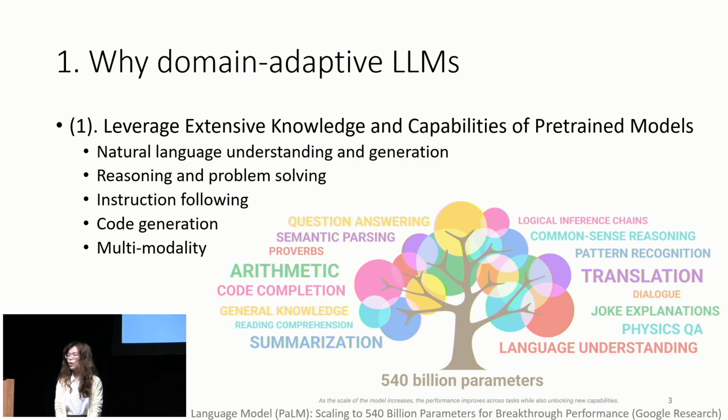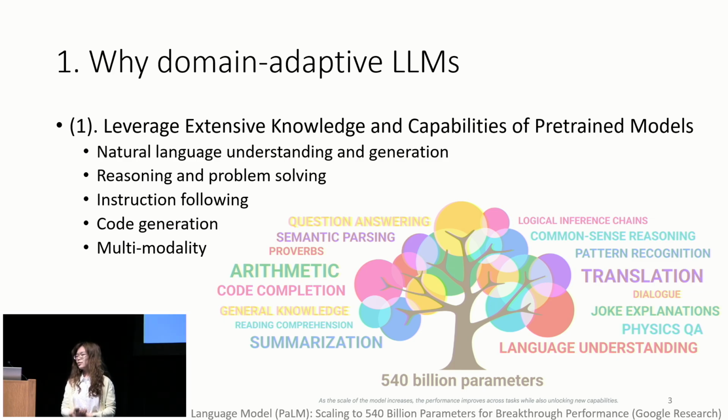So first of all, why domain adaptive LLMs? Hans also showed the history of LLMs, and as the model size is getting bigger and bigger, large language models have extensive knowledge and the capability to do a lot of tasks, and have already achieved a lot of success in different domains. Basically, they can do natural language understanding and generation.